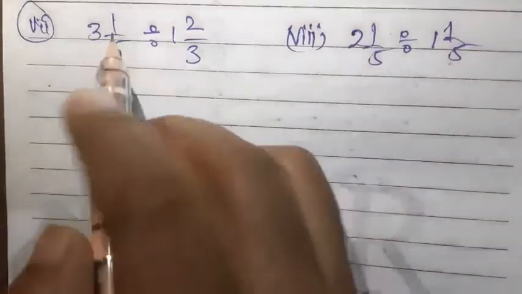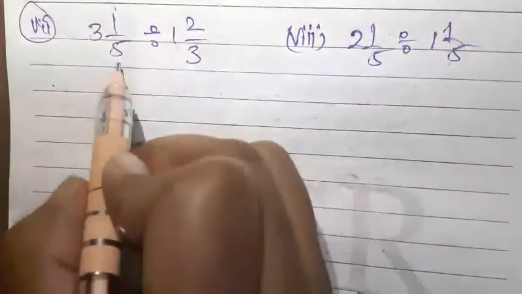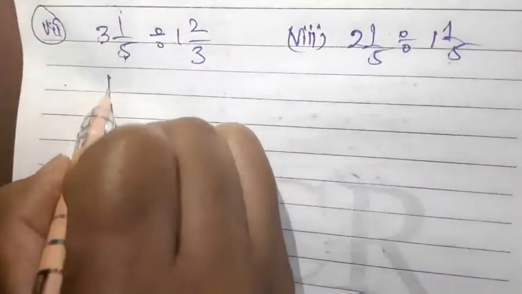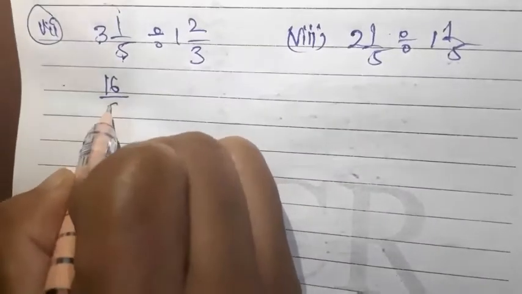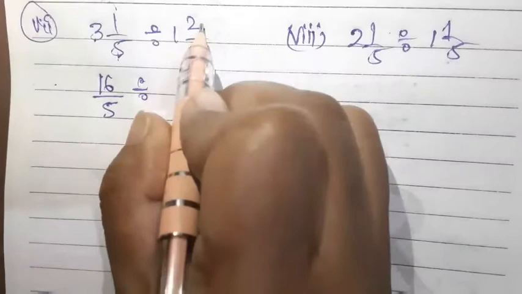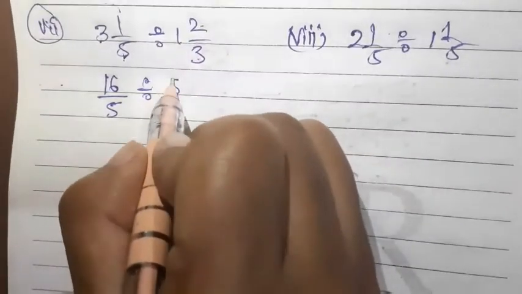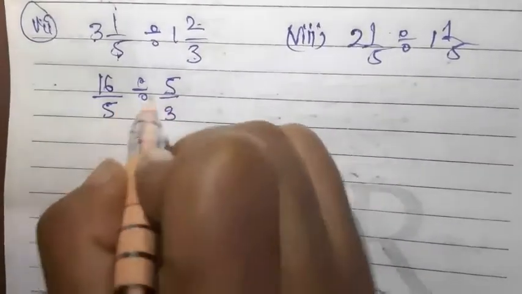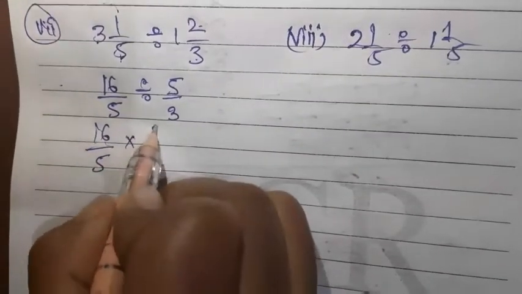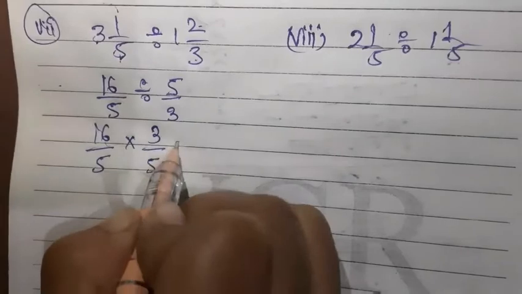Now next we have, this is a mixed fraction. So here change into a fraction. 5 times 3 is 15, and 15 plus 1 we get 16. Divided by 5, 3 times 1 is 3, plus 2 is 5, divided by 3. Now change this sign. So here 16 divided by 5, multiply 3 by 5.